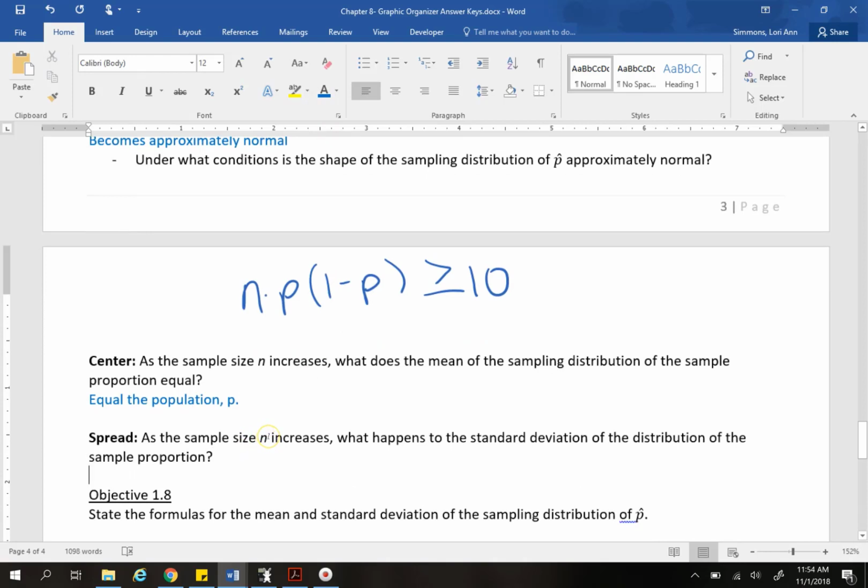And then the spread: as the sample size n increases, what happens to the standard deviation of the distribution of the sample proportion? Very similar to the sample mean. As the sample size increases, we get closer to the population. So as we get closer, the standard error, which is our standard deviation, decreases.